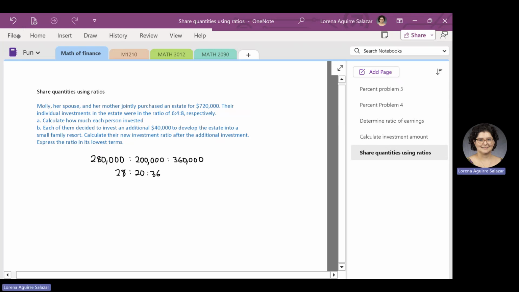And then 28, 20, and 36 are all multiples of 4. When we divide every term by 4, we get 7 to 5 to 9. And now 7, 5, and 9 have nothing in common other than 1 as a factor. So we have reduced this ratio to its lowest terms. So we can say that their new investment ratio after the additional investment is 7 to 5 to 9.